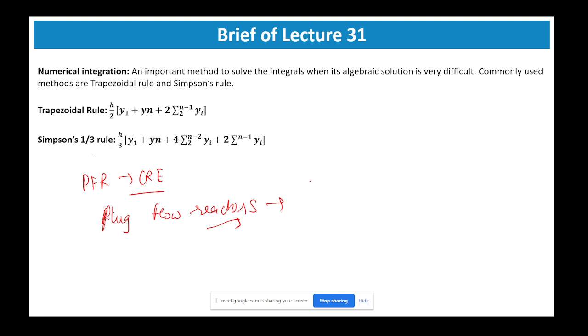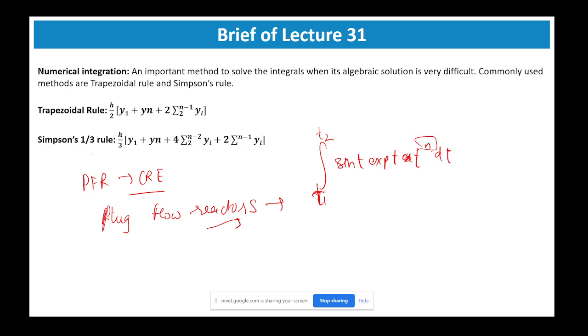All the time it is not possible to have an algebraic solution of an integral. Say for example, from t1 to t2, you have a complicated sine t, exponential t, x t raised to the power n dt.